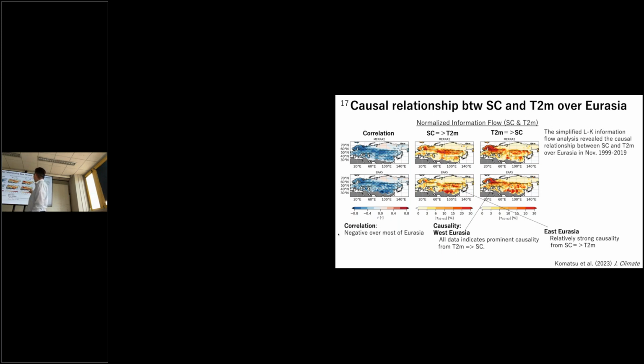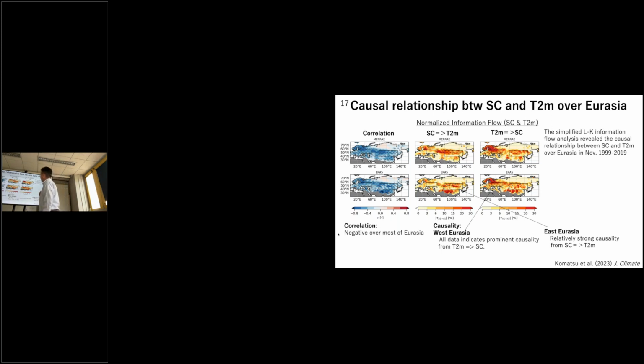On the right, I'm showing the causality from 2-meter temperature to snow. We are more interested in the causality from snow cover to 2-meter temperature, of course, because we want to know how the snow cover changes the 2-meter temperature in the future.